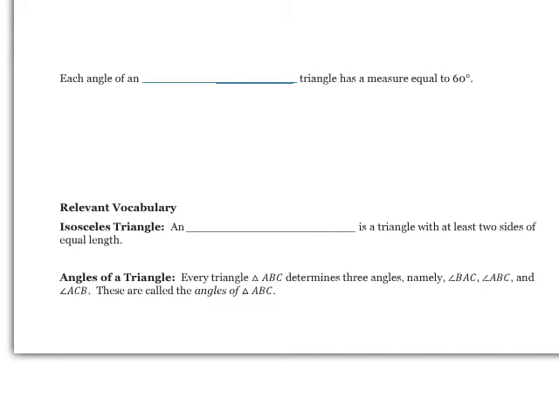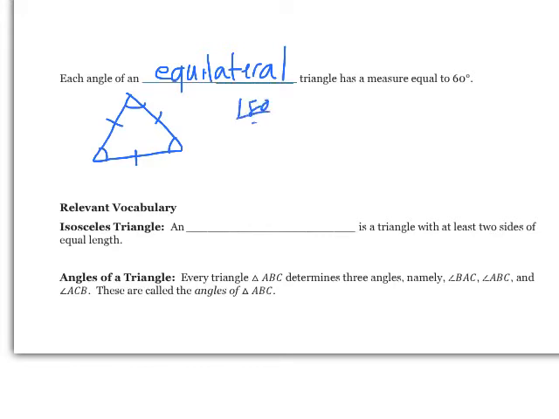And then another thing we should know is that each angle of an equilateral triangle, equilateral means all three sides are equal, has a measure of 60 degrees, because when you think about it, if all three sides are equal, that means all three angles are equal. And 180 divided by 3 is always 60 degrees.